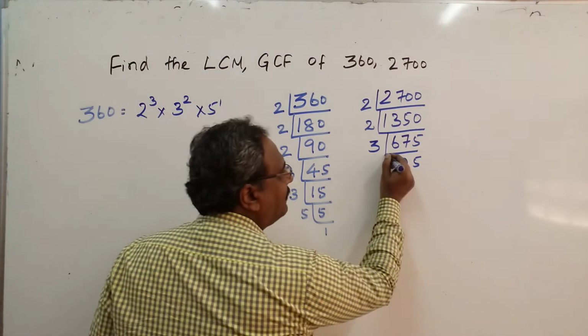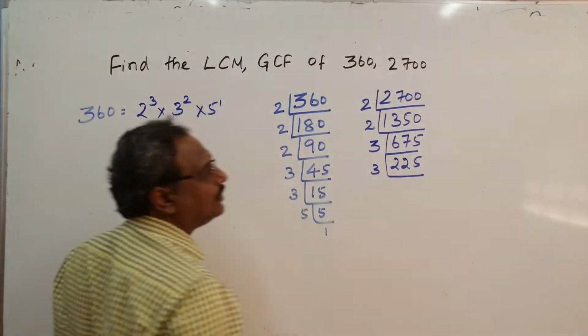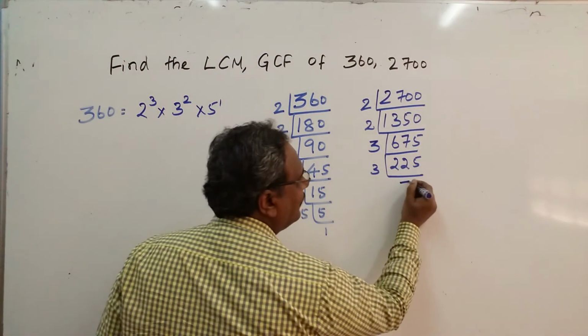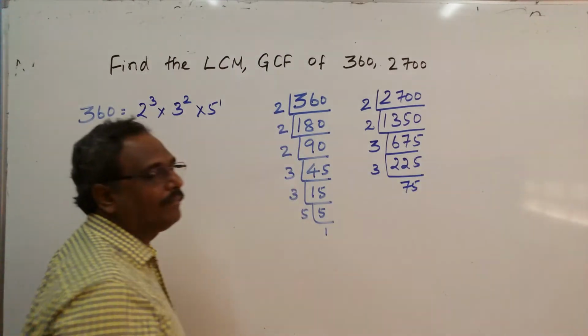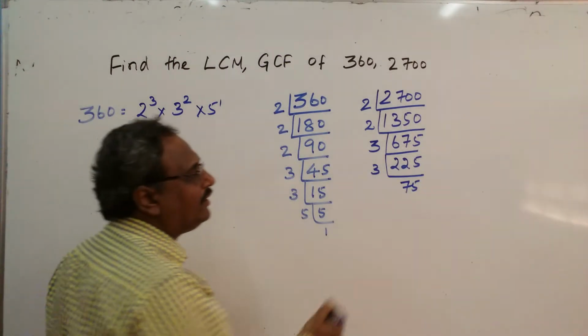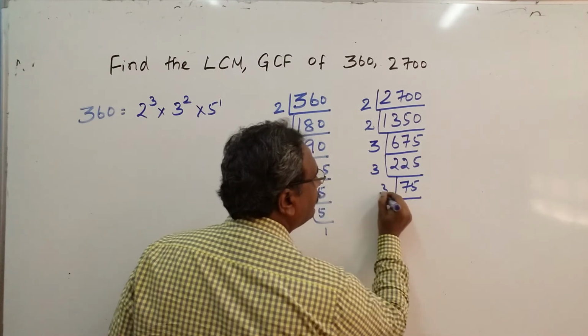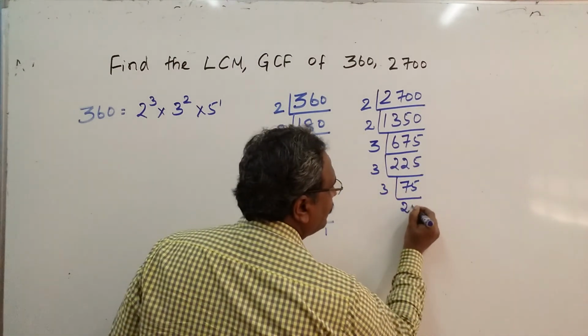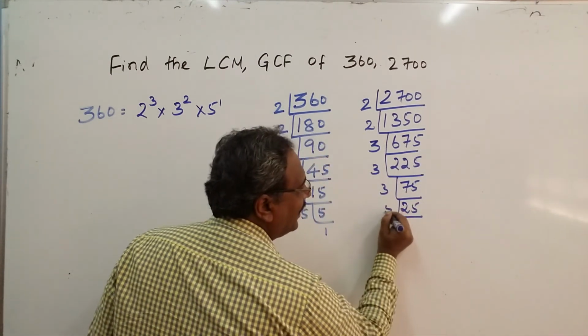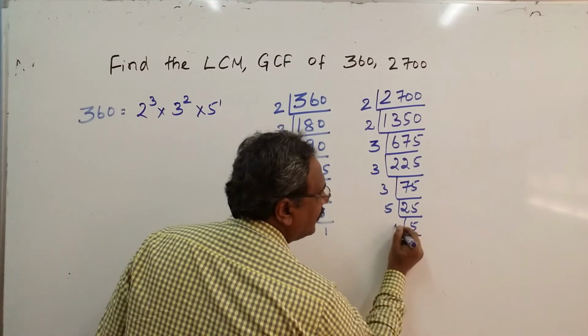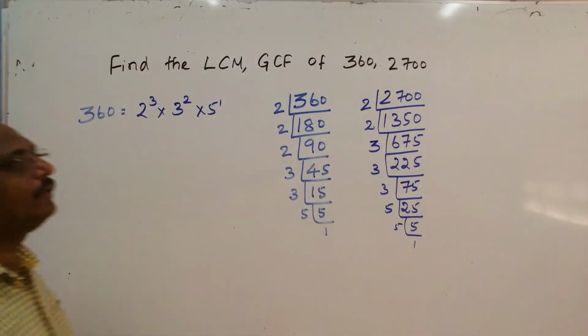Again, we can divide this by 3, isn't it? So when we divide by 3, this is 75. Again, I am going to divide this number by 3. This is 25. This we can divide by 5, 5, 5, 1.